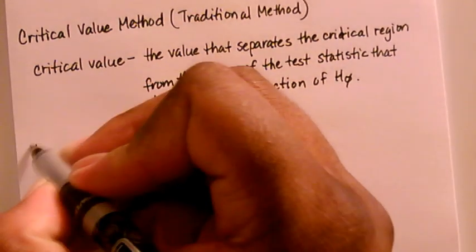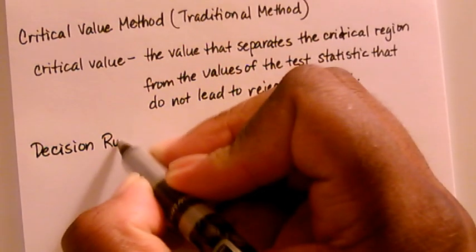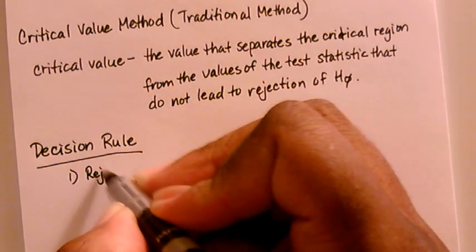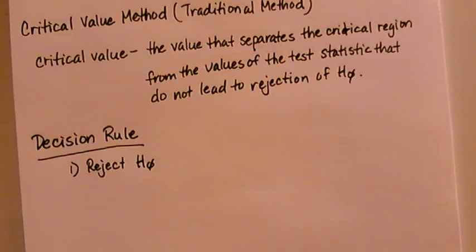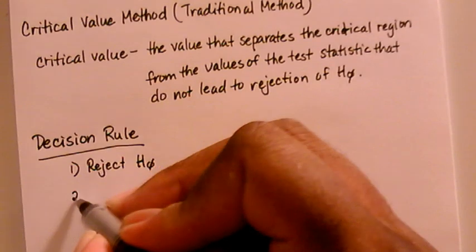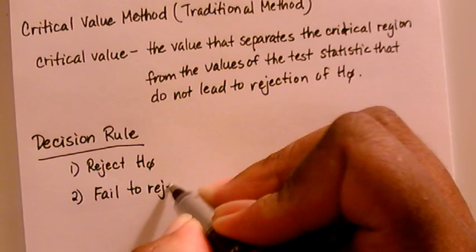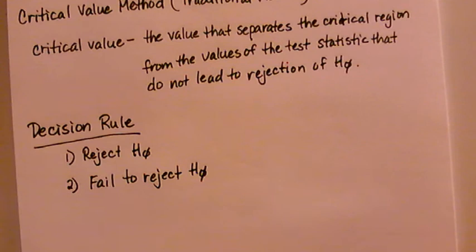So your decision rule is going to be this. You're either going to reject the null, because you're always testing the null to see whether or not you need to reject the null or fail to reject the null. And that's based on which method that we use, either the critical value method or the p-value method.